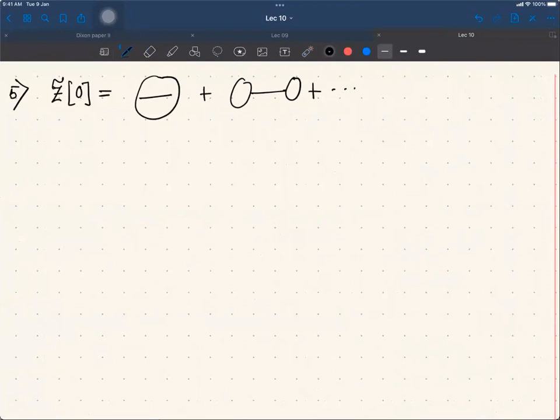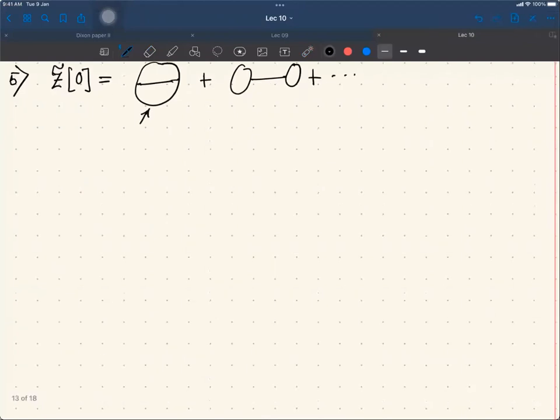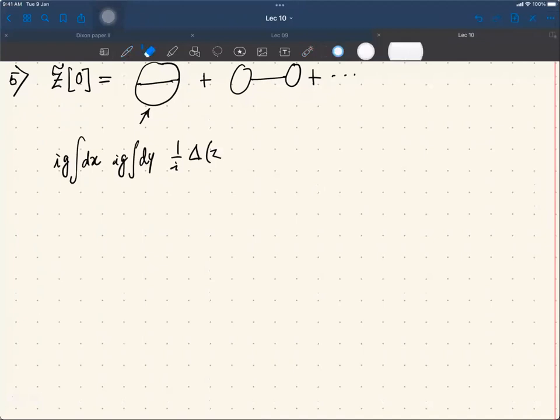Let us calculate this one, and we already know the mathematical expression for that from the position space Feynman rules. That's given by Ig integral dx, then Ig integral dy for the two vertices, and then there are three propagators from x to y.